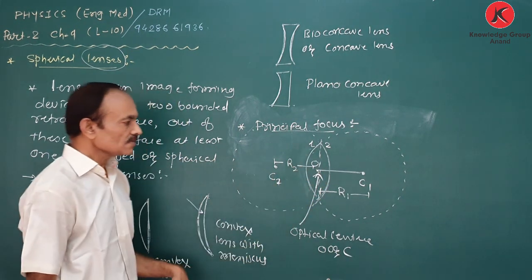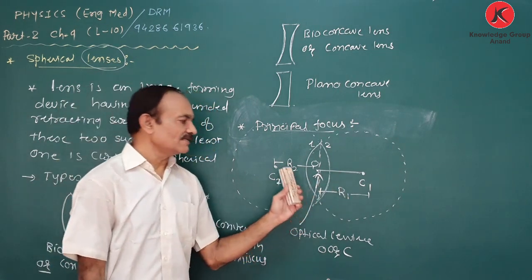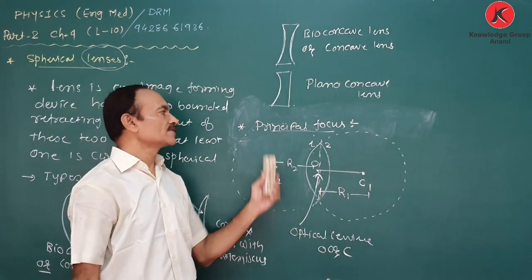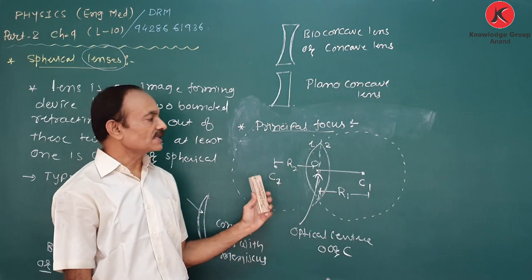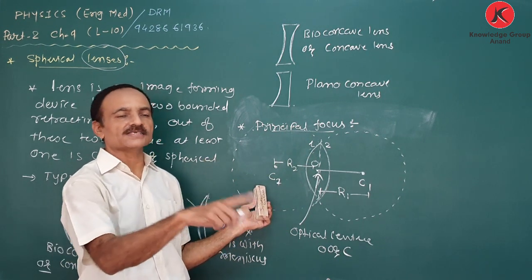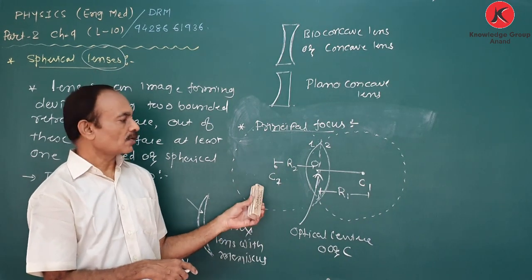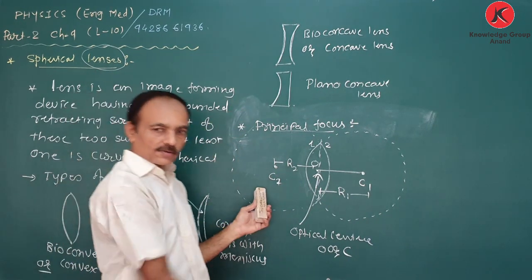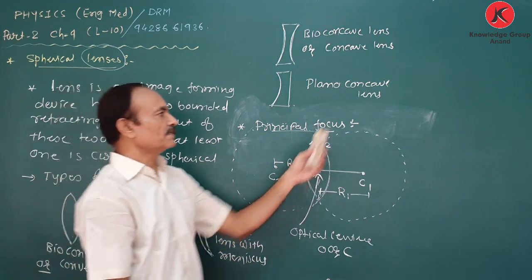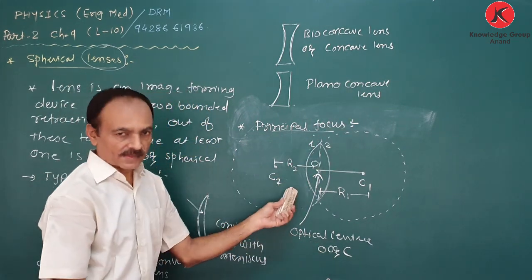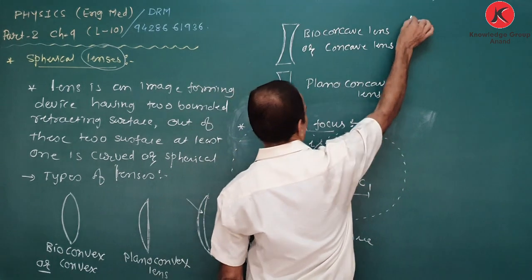Okay. Now, it has two centers of curvature, therefore it must have two principal focuses. What are the definitions of the first principal focus and second principal focus of a lens, in the case of a convex and concave lens? For that purpose, we first draw the diagram and then define the principal focus.